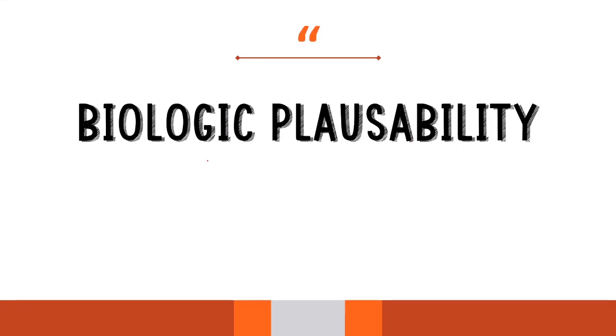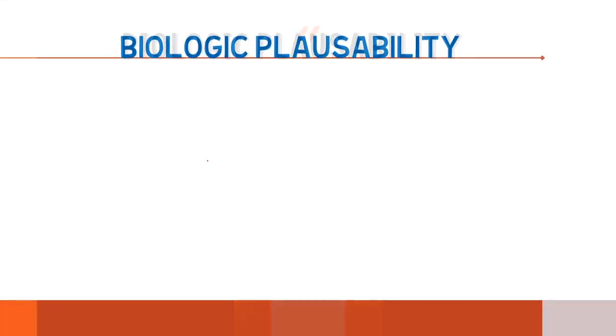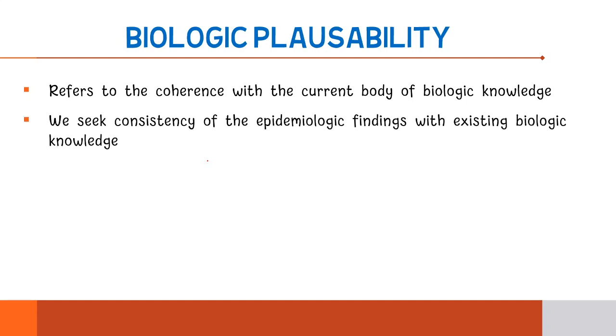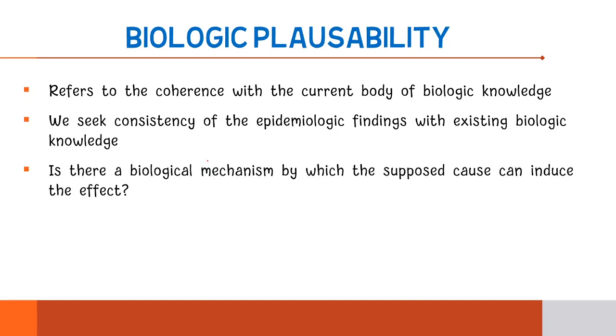Next is biologic plausibility. Now, biologic plausibility refers to the coherence with the current body of biologic knowledge. We seek consistency of the epidemiologic findings with existing biologic knowledge, and it asks the question, is there a biological mechanism by which the supposed cause can induce an effect?